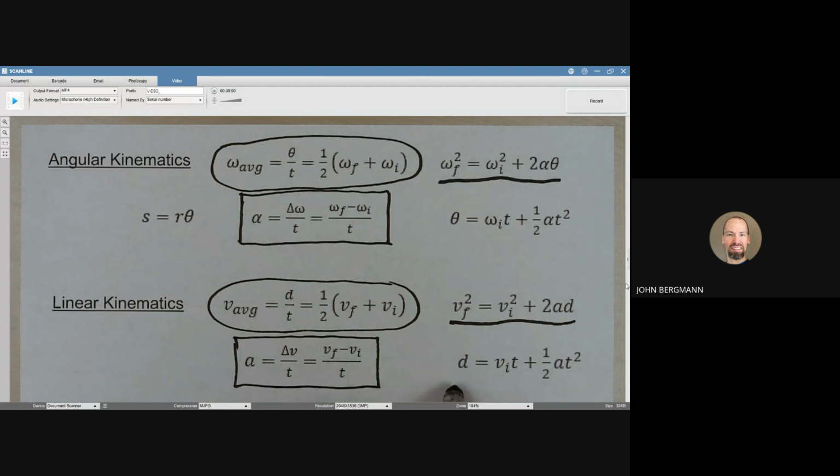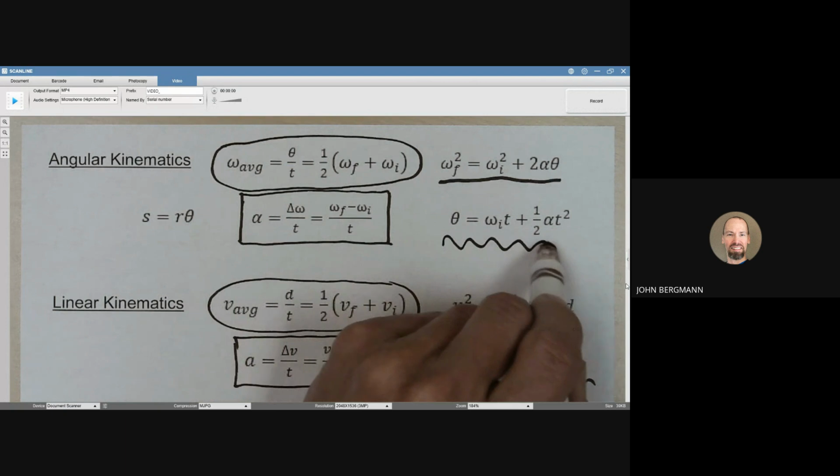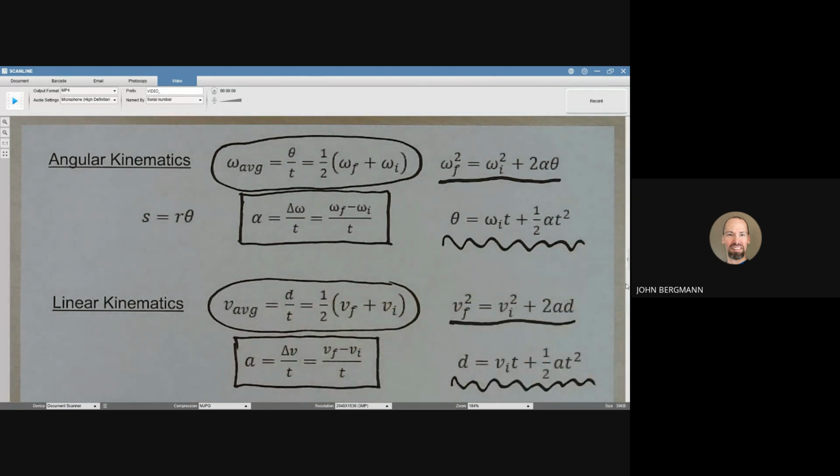And finally, just like there was an equation that looked like that for linear kinematics, it exactly matches. The only difference is that the quantities up above are all angular quantities, and they're in radians, and radians per second, and radians per second squared.